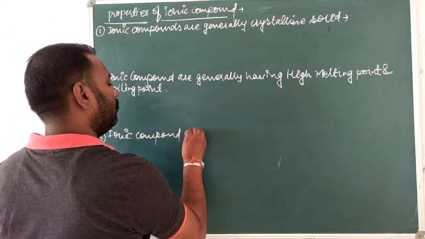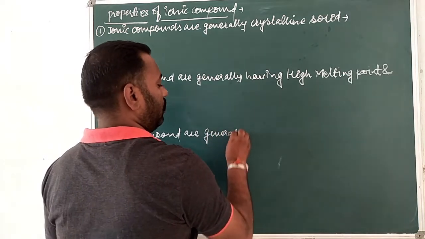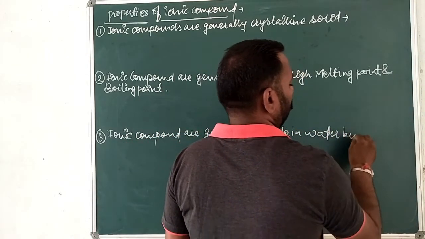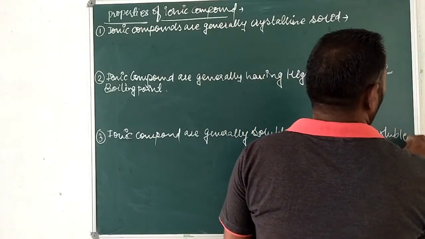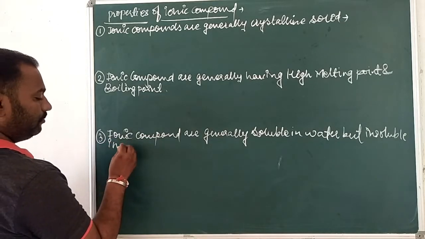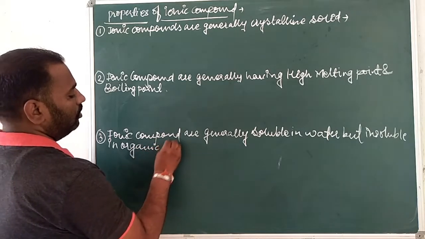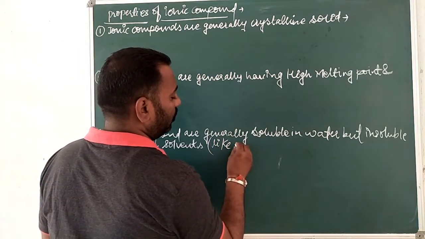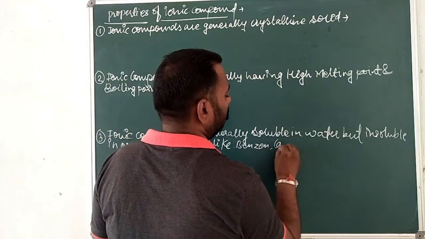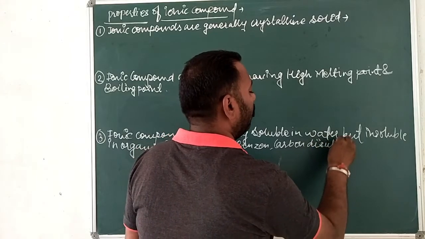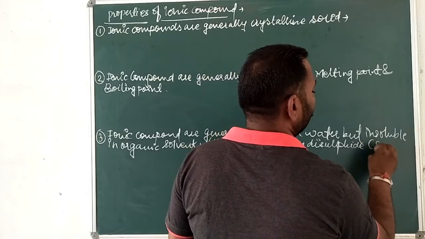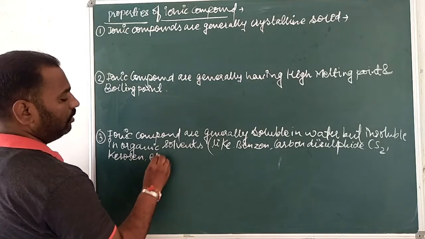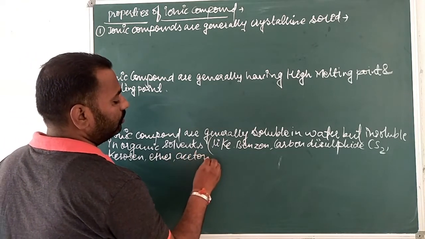And ionic compounds are soluble in water but insoluble in organic solvents like benzene, carbon disulfide, that is CS2, kerosene, ether, acetone, like that.